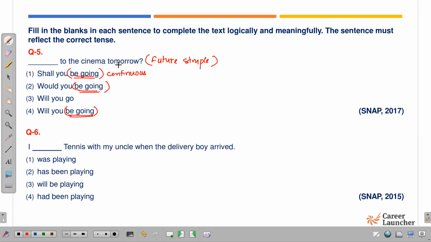In the future tense, tomorrow is a future, and so will you go? Let's make it clean. Would you go? Past. Will you go? Will you be going? It is unnecessary. This is redundancy. So continuation is a redundant case. There is no need of it. You're unnecessarily putting it.